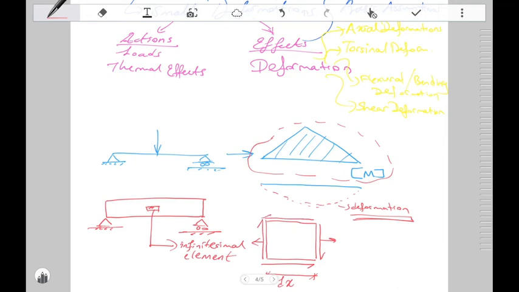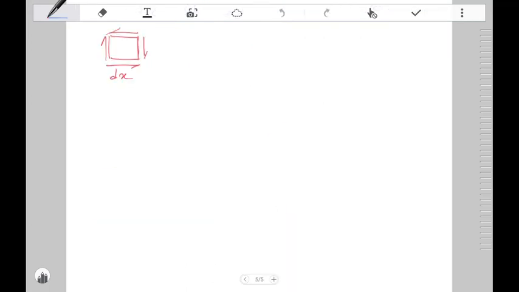And then we try to relate strain with the stresses and the deformation with the strains, and we do some formulations and we come up with some equations that relate the applied forces with the deformations.